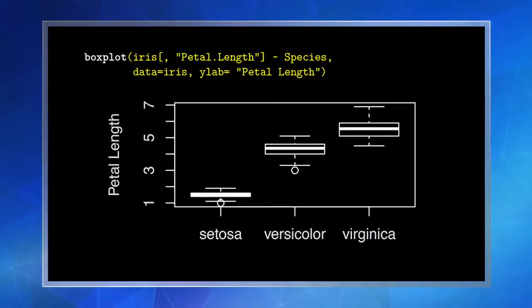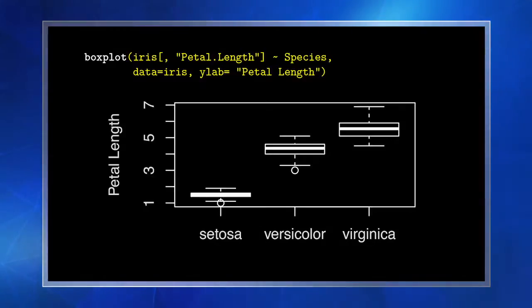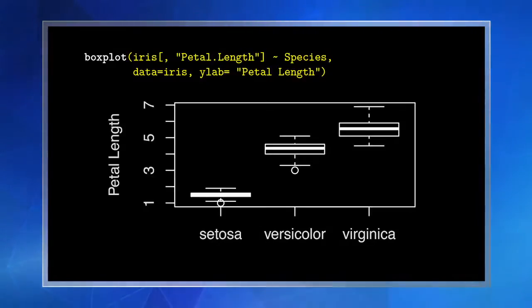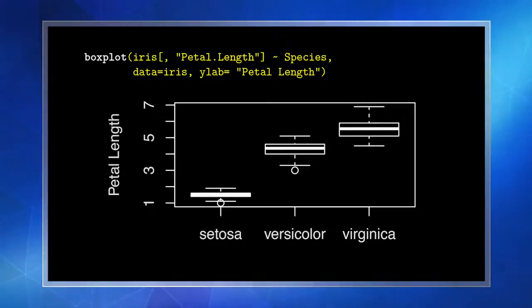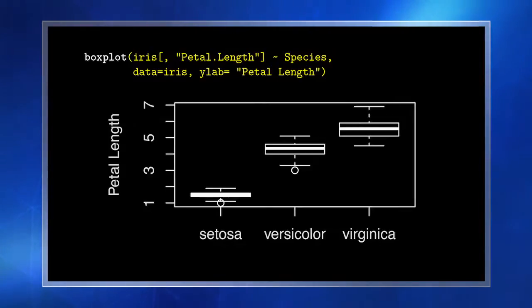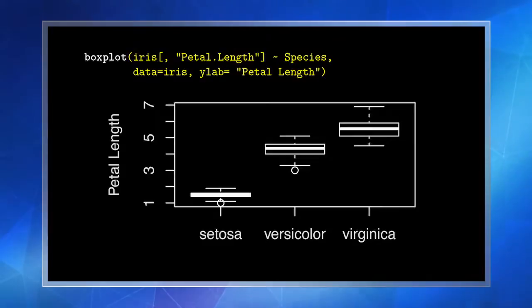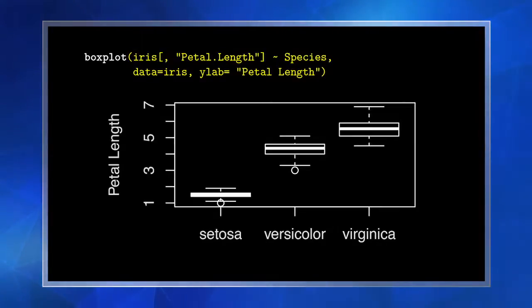Notice that there's a clear distinction between setosa and versicolor and virginica, and that versicolor and virginica have a bit more overlap. Notice also that the variability of setosa is slightly less than the other two. So this is something we'd actually have to take into account when we do our MANOVA to make sure that our results will be valid.